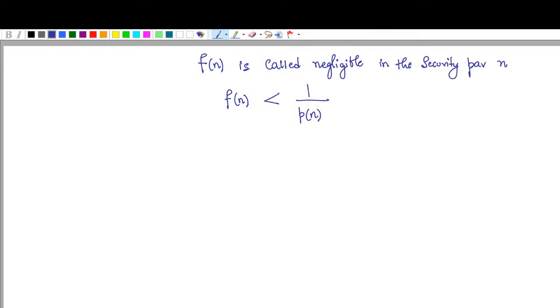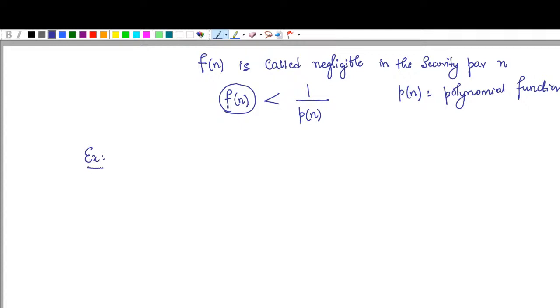So p of n is some polynomial function, and a candidate function f of n will be considered a negligible function if f of n is less than the inverse of every polynomial function.